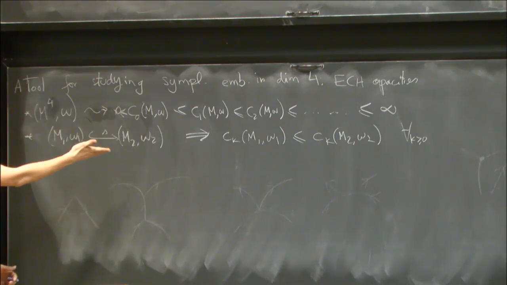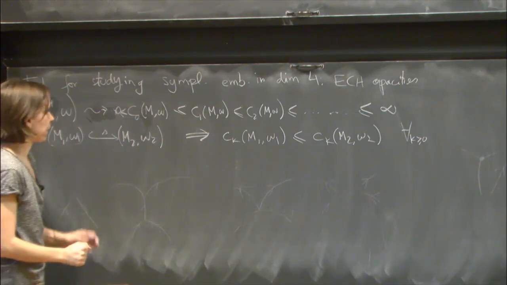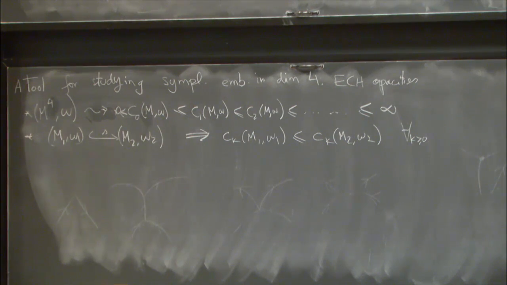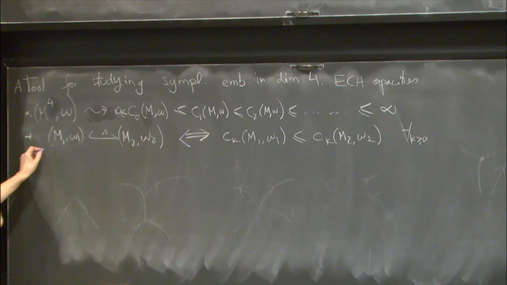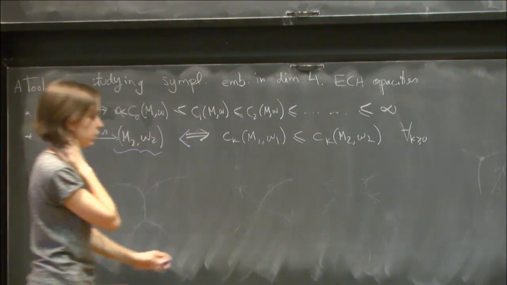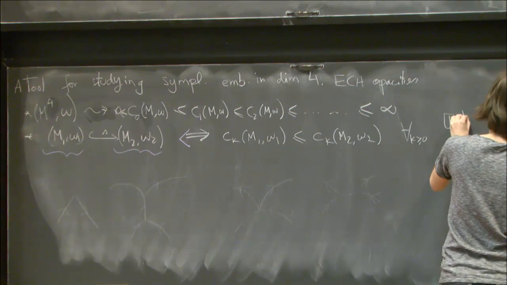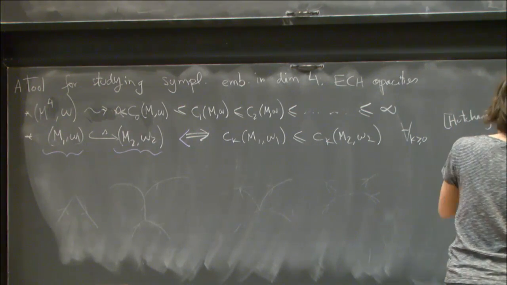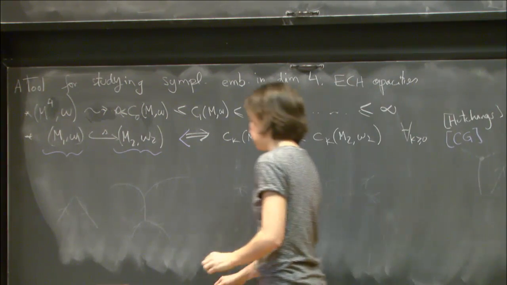So this is a great result, and this is due to Hutchins. Then there's a result that is even more convenient for the kind of problem that we're studying, which is this direction for very specific types of M1 and M2. Maybe in white I'll write Hutchins, and then in purple I'll write Cristofaro-Gardiner.